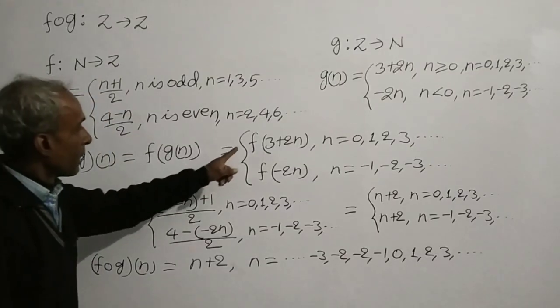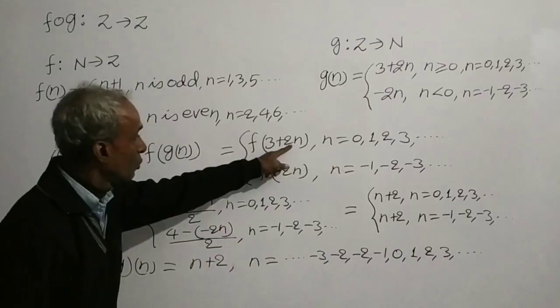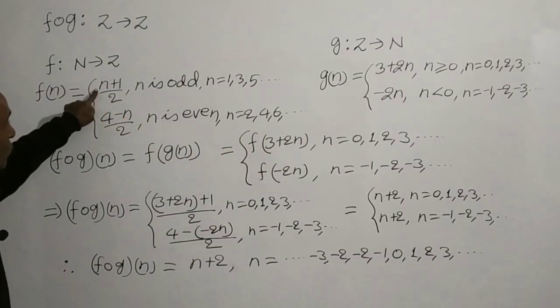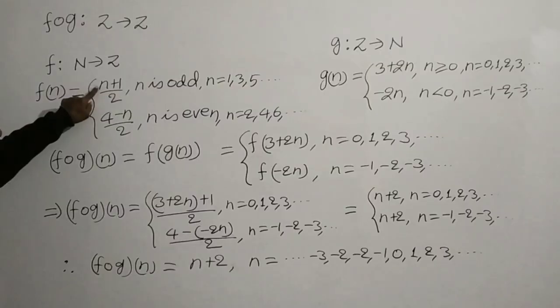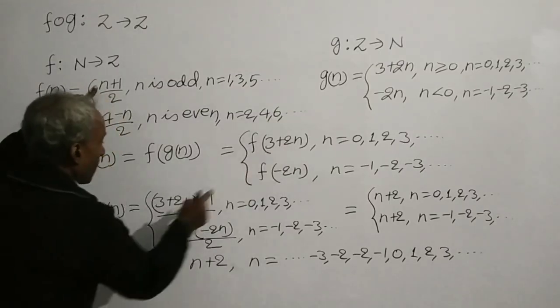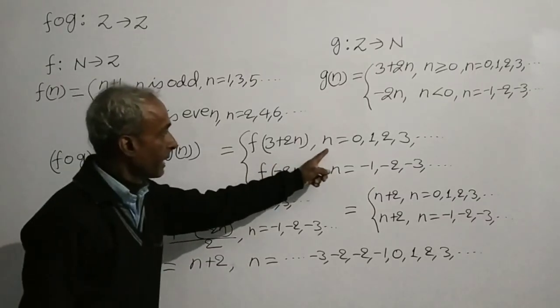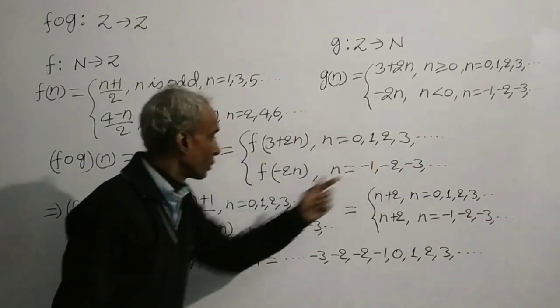Therefore, f(3 plus 2n) will be written according to this rule. In place of n here, we will write 3 plus 2n, when n is equal to 0, 1, 2, 3, etc.